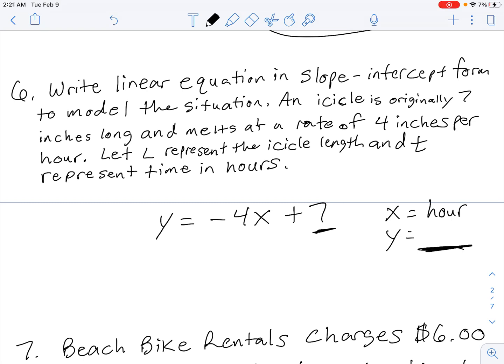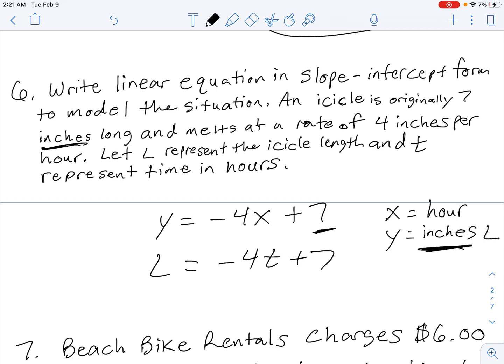You're looking for the y label. 7 what? 7 inches. So in the last sentence, if they're saying let L represent the icicle length and T represent the time, so you're going to have L equals negative 4T plus 7. That's the way that it's going to be.